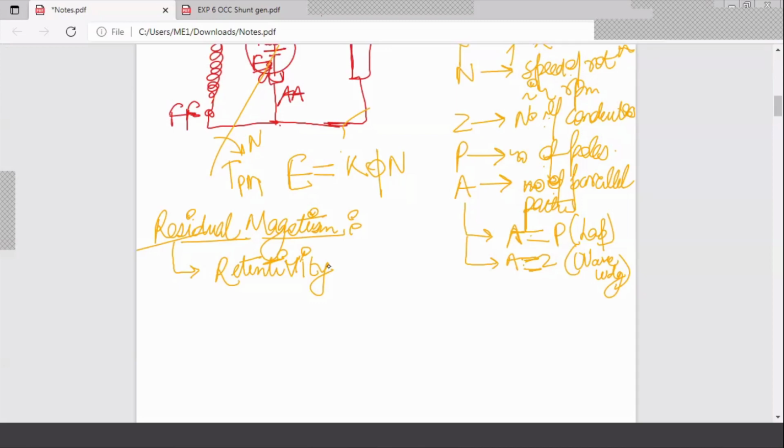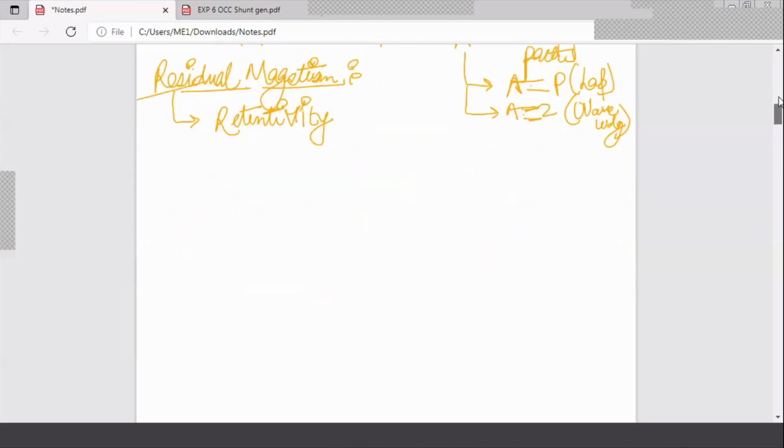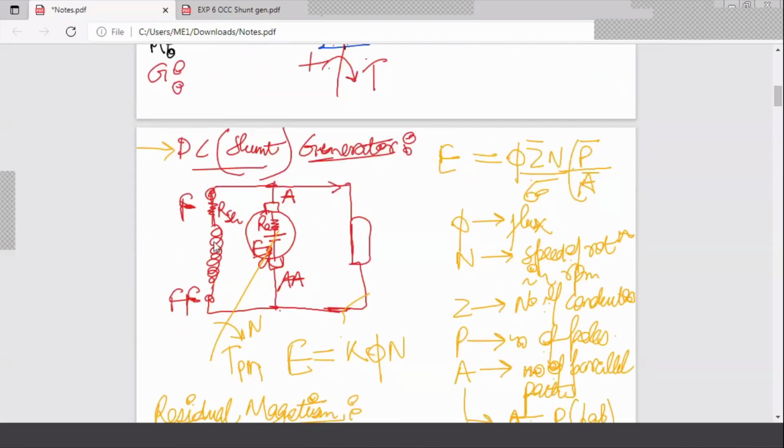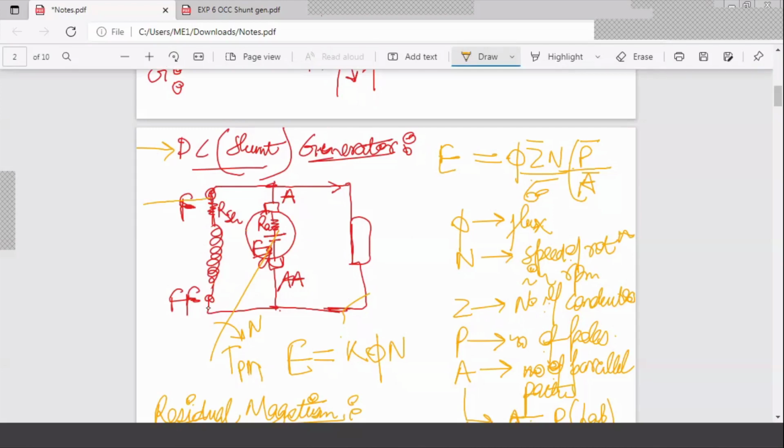So why is it important? It's important because, let's say you have excited this machine once earlier. You may have connected some excitation source across this, and the core would have been excited by some energy source.